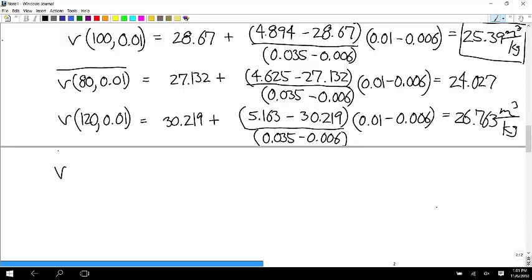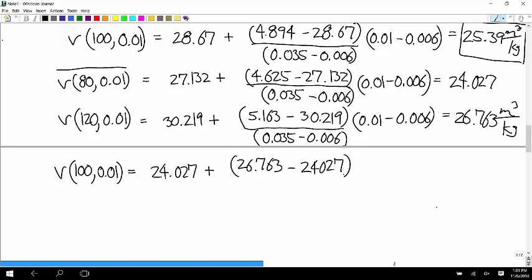And then the final answer, specific volume at 100 degrees Celsius, 0.01 is 24.027 plus the quantity 26.763 minus 24.027 divided by 120 minus 80 times 100 minus 80.